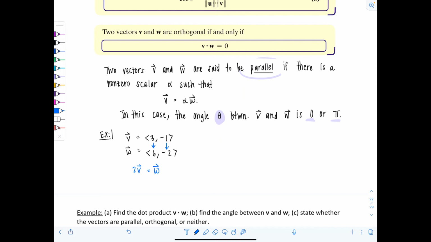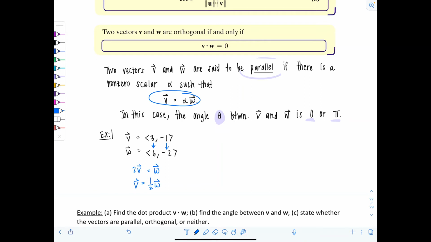And that is essentially what alpha is. I mean, in the definition, alpha is in front of w. So if you want to be all matchy-matchy, you could say v equals 1/2 w. Whatever, it doesn't matter. There's a constant that we can find to multiply one of the vectors by to end up with the other vector. That's what it means to be scalar multiples of one another.